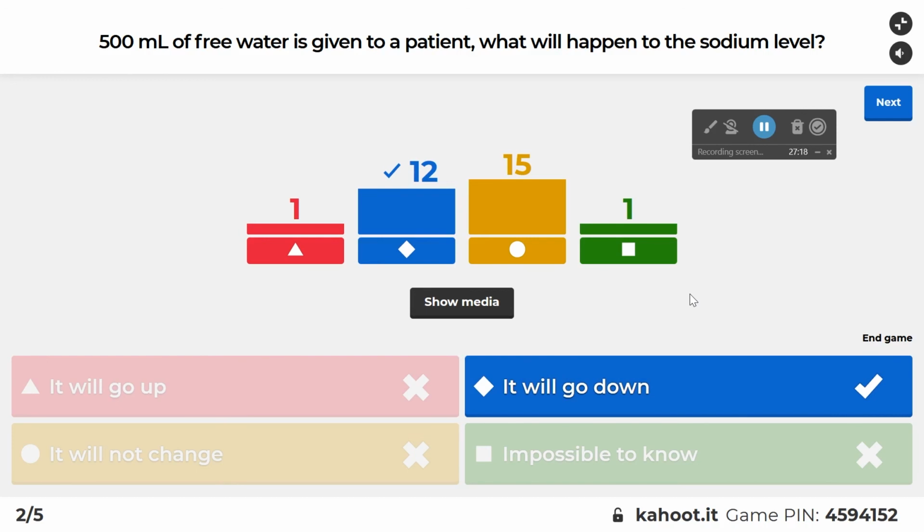Right? We're messing with the denominator here. Remember, we talk about concentration as something per liter or per ml, right? In sodium, it's milliequivalents. So if I give you more water, I will make your milliequivalents per liter less, because I haven't given you salt, I've just given you water. So I've increased the denominator without changing the numerator.